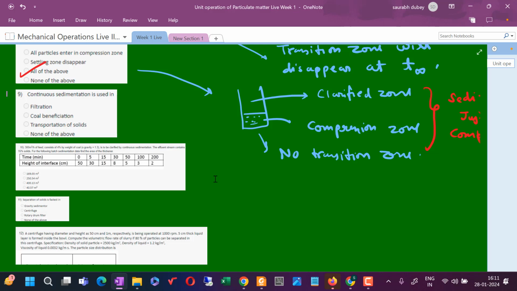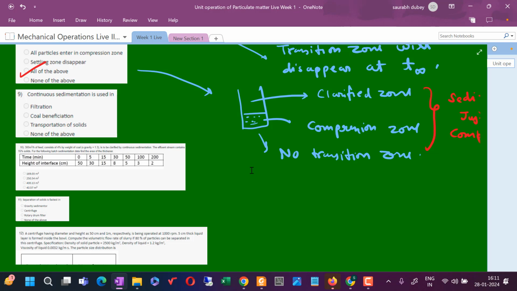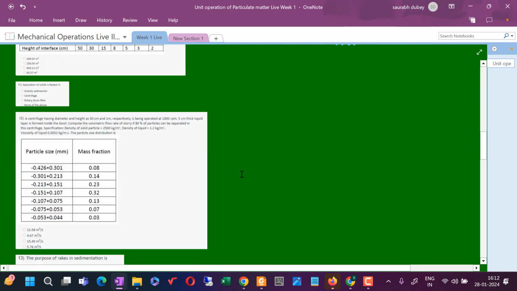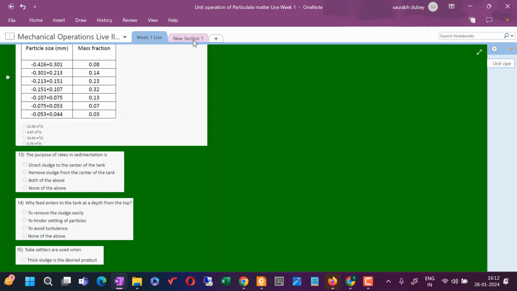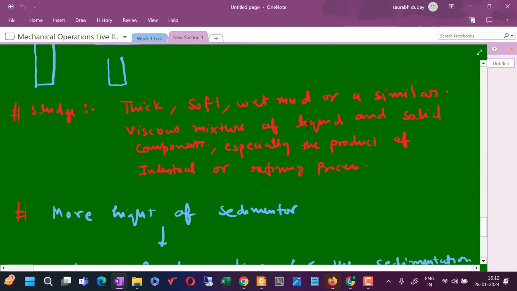So the only option that appears correct is coal beneficiation. Question number 9, if you see, it is coal beneficiation.